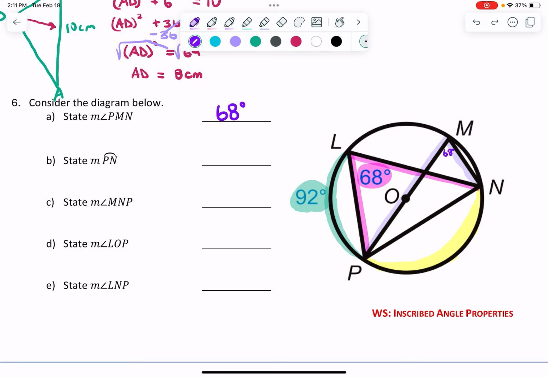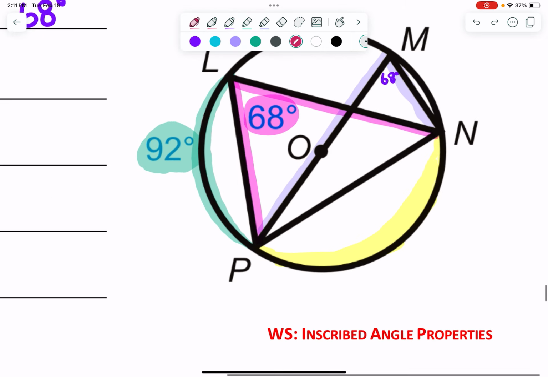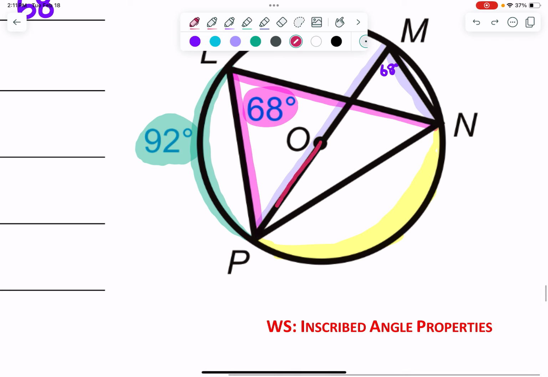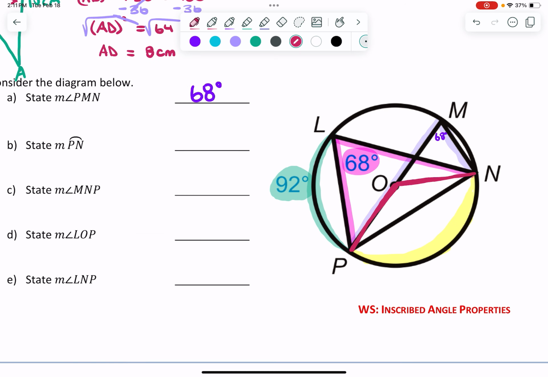The other option is if I knew the central angle that intercepts it, so angle PON. Then I can find the measure of that arc because I know those 2 measures would be equal. I don't know the central angle, but I do know the inscribed angle.